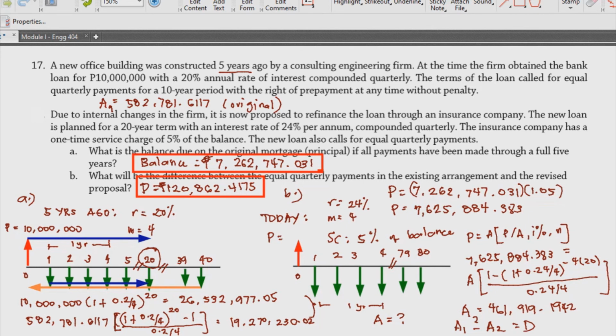Okay, so in short, mas mababa na yung ating binabayaran kasi 461,000 na lang. Kasi before, that should be 582,000 lagi binabayaran natin. And syempre, pag sinabi annuity equal quarterly payments yan. So kahit matagal ka na nagbabayad, ganun pa rin yan. Maganda sana kung habang tumatagal, bumababa yung binabayaran mo. Pero wala namang ganun plan parang lagi siyang equal payments.